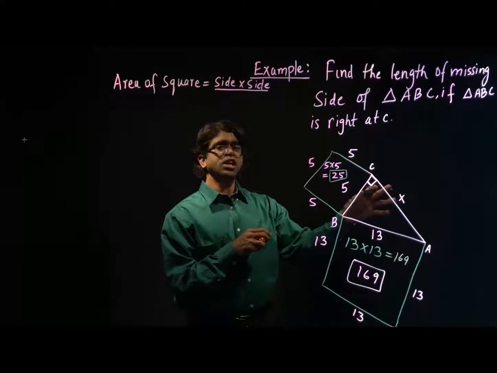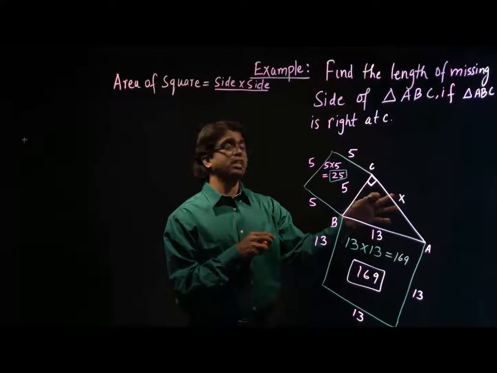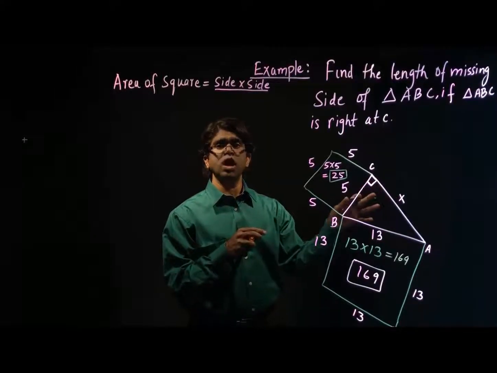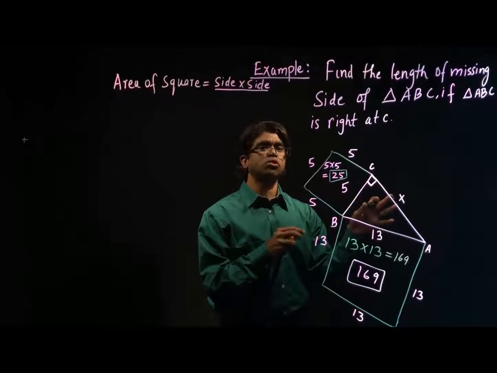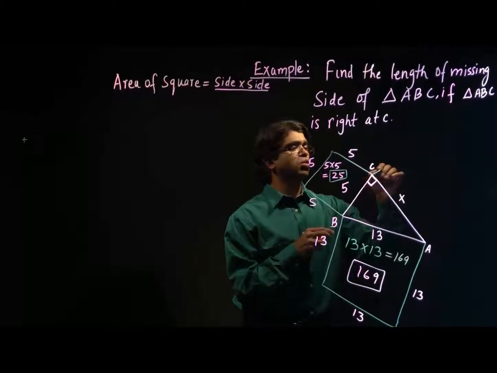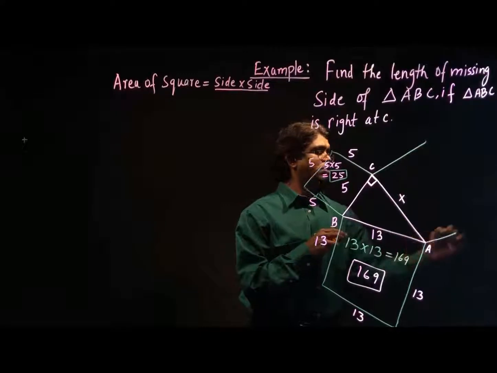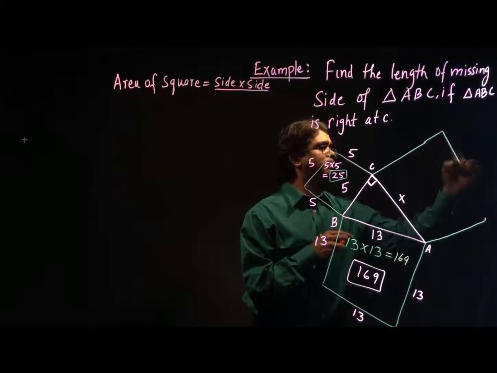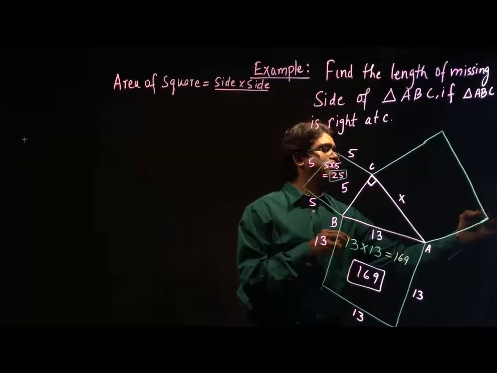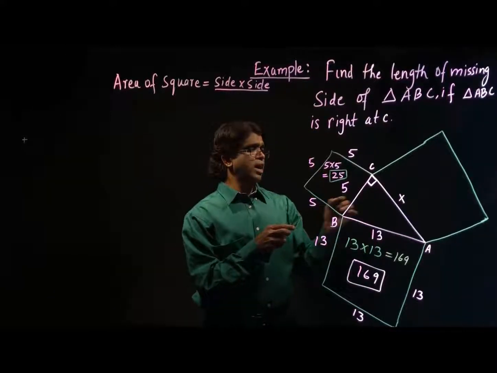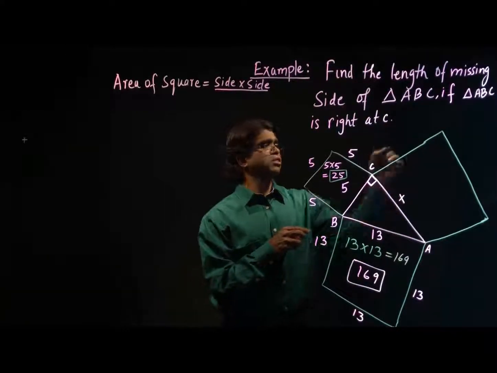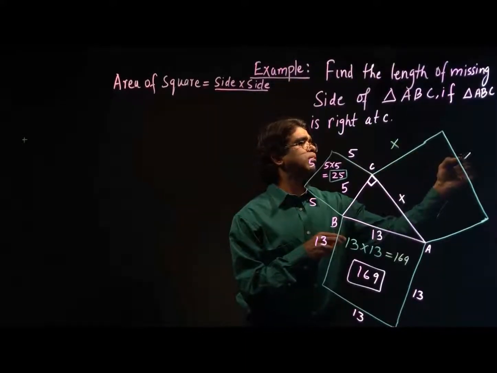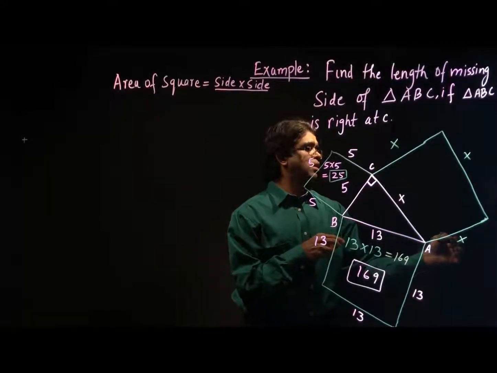As you can see, the third side of the triangle is not given. So I'm going to draw a square on the unknown side of the triangle. Let's pretend this is a square, and one side of the square is x, so all the sides will be x.